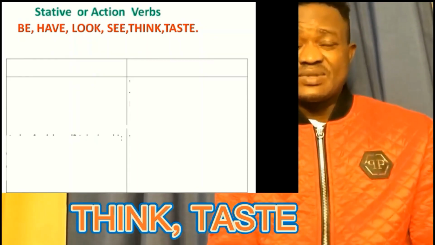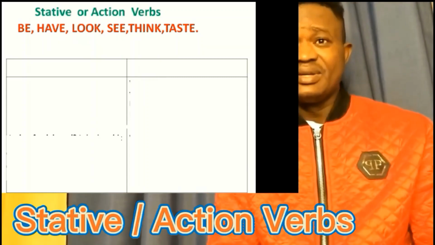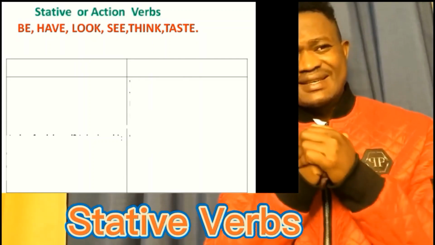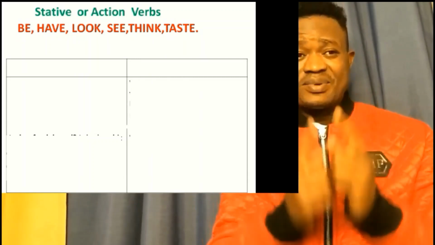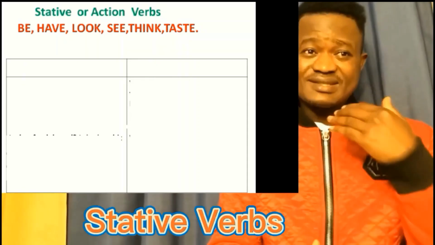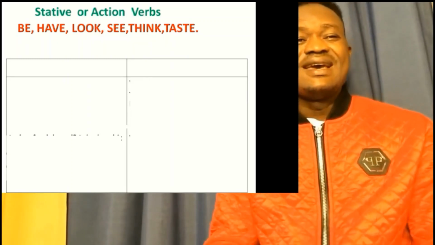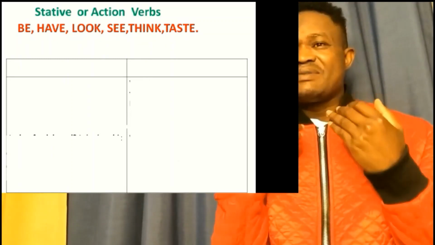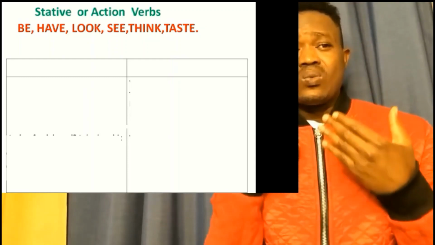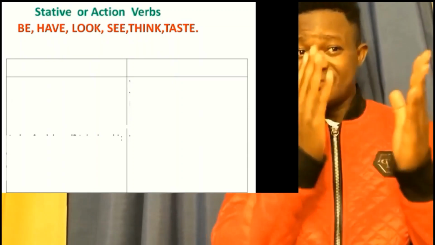These are the verbs we use as stative or action verbs, because in English we don't use stative verbs in present progressive. We use stative verbs in present simple, but we have some verbs we can use in present progressive, which are stative verbs and at the same time action verbs.